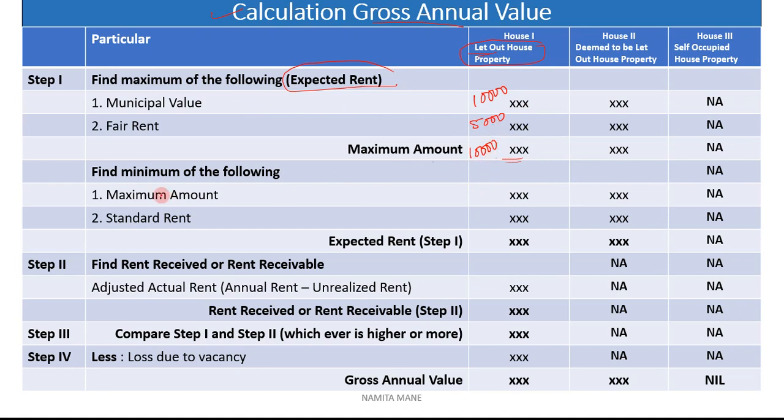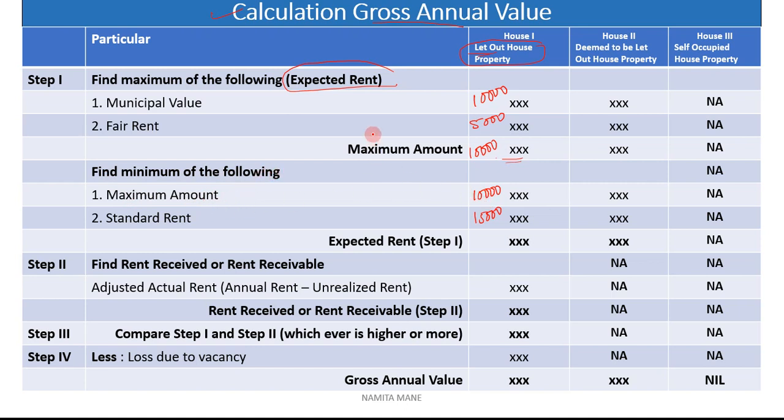Now next is to find the minimum of the following. The maximum amount is 10,000, which is the municipal value. Suppose standard rent is 15,000. The second point says to find the minimum.